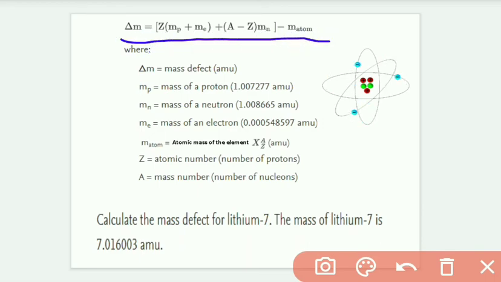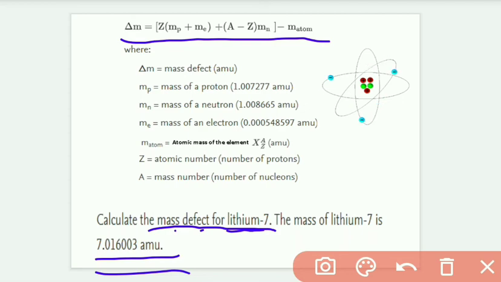delta M value. So using this equation, you have to calculate the mass defect of lithium, Li-7. The mass of lithium is 7.016003 atomic units. So this is the actual mass of that lithium element. So you have to calculate the delta M value.